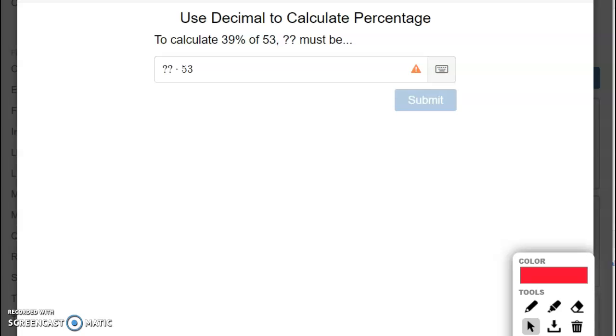The decimal place is right there currently. So we're going to move that to the left by 1, 2. So we want this question mark to be 0.39 multiplied by 53.